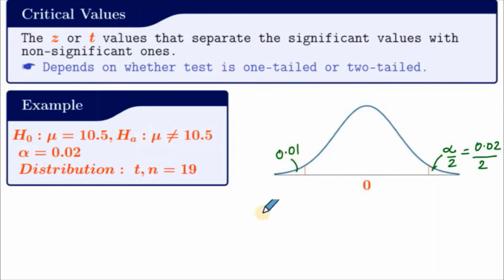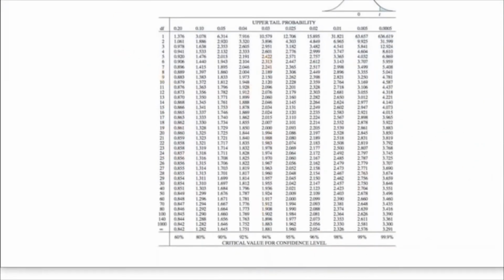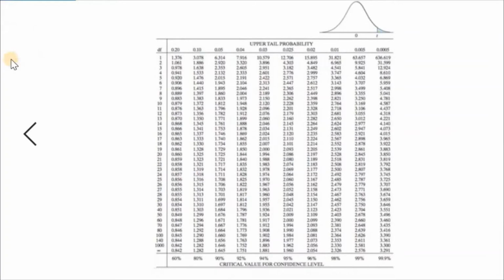So in the previous example, we used a TI calculator. Therefore, in this example, let's use a t-table. For that, let me pull up my t-table on this screen. Since area at the tail is 0.01, look at the column of 0.01. So we'll be looking at this column here, 0.01.